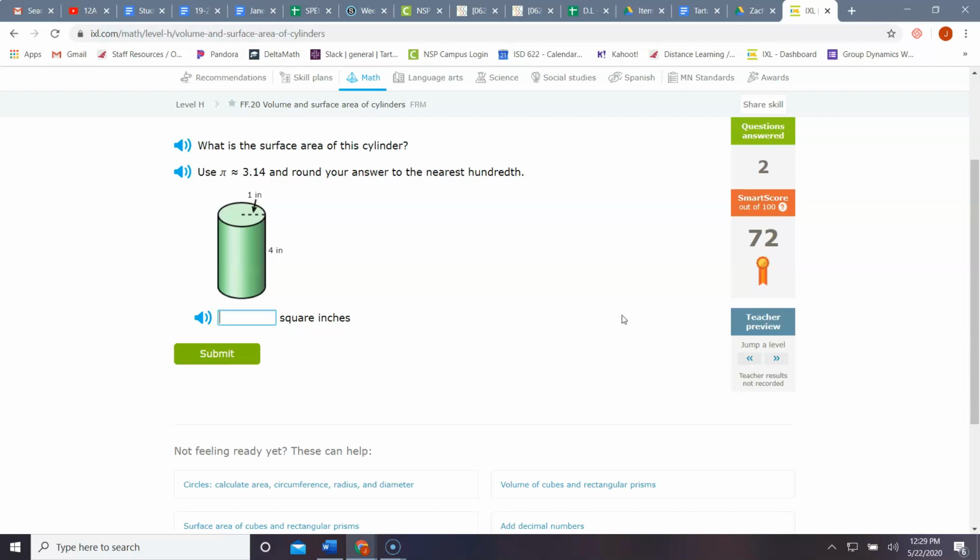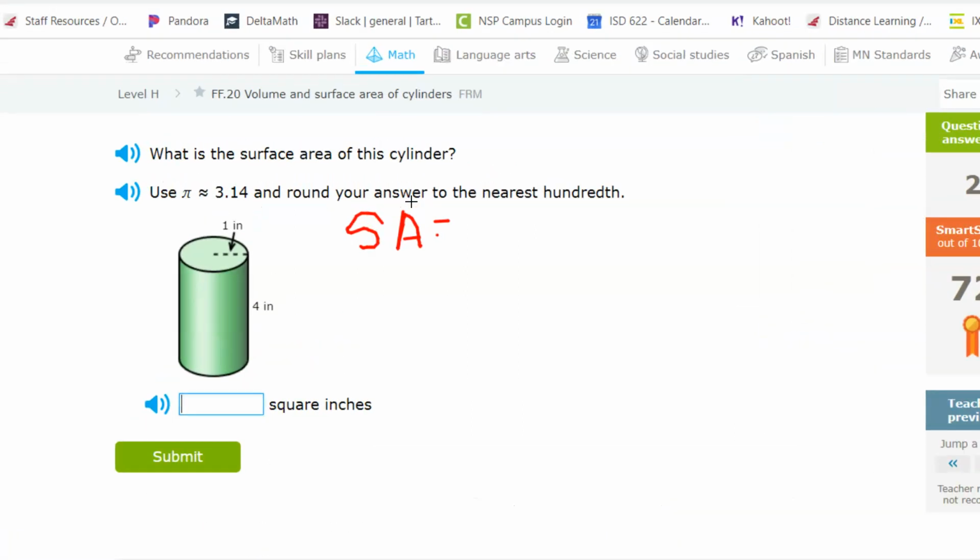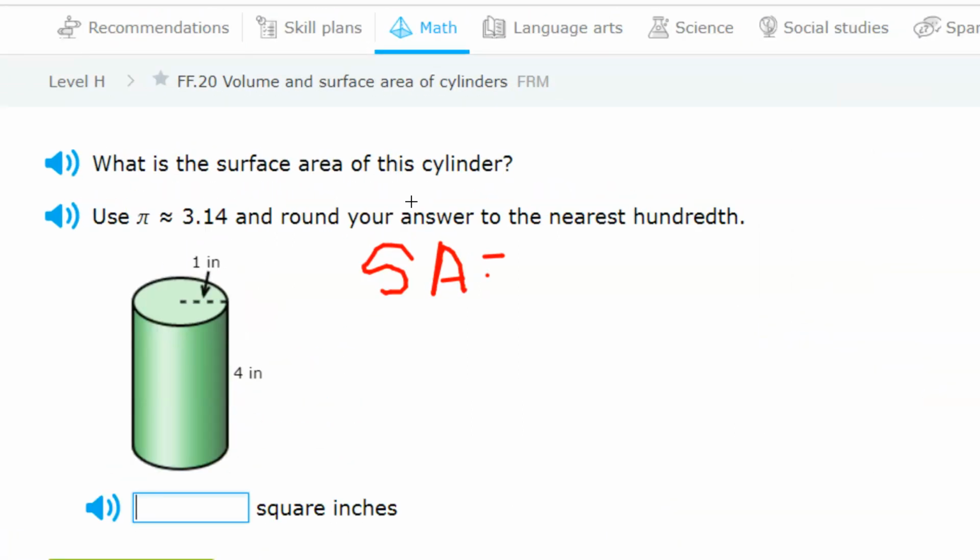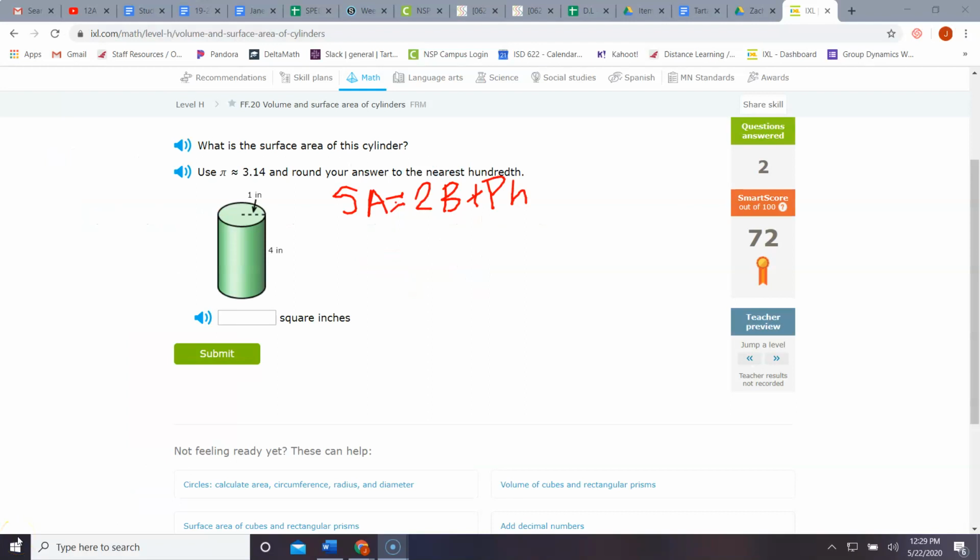So when you look at our surface area formula that we had before, you do, okay, another mistake there, sorry. So our surface area formula is surface area equals 2 times our area of our base plus perimeter times height.